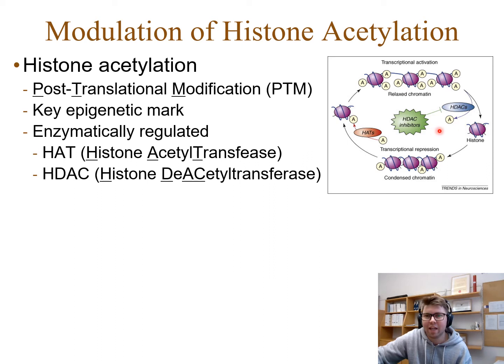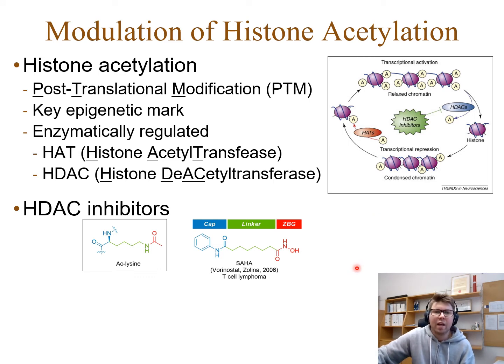These HDAC enzymes are common drug targets, and several inhibitors have been developed to modulate their activity. And regarding these HDAC inhibitors, down here I first show the chemical structure of acetylated lysine, and the first HDAC inhibitor is called SAHA or vorinostat, which is used as a therapeutic agent for T-cell lymphomas.